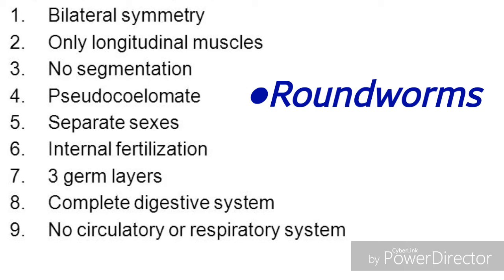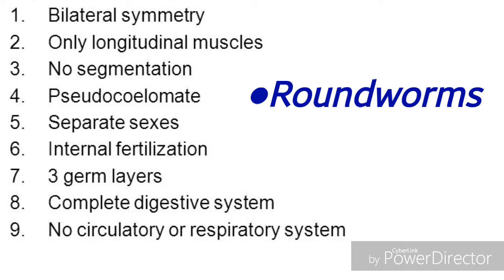Separate sexes, male and female, are there. Internal fertilization takes place in nematodes. Body contains three germ layers, outer ectoderm, middle mesoderm, and inner endoderm. Complete digestive system is developed in nematodes. You will not find circulatory or respiratory system in nematodes.